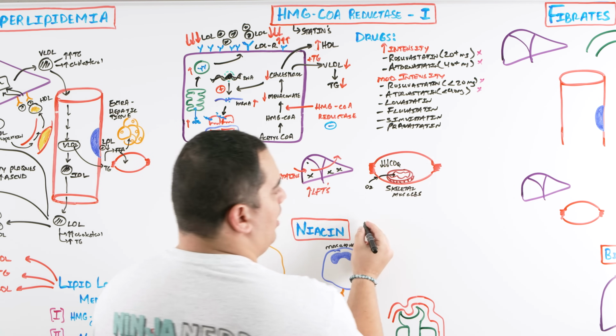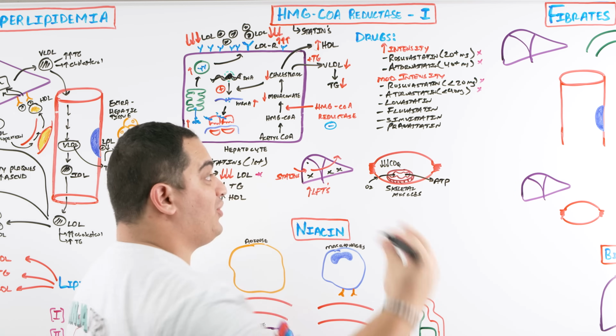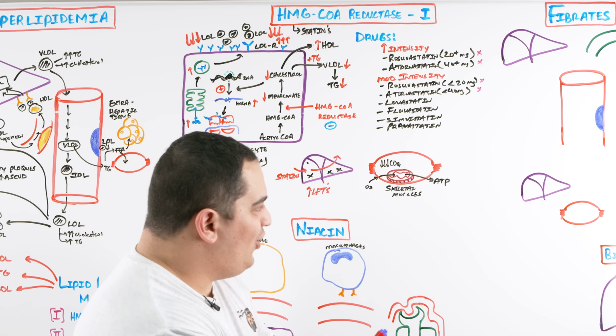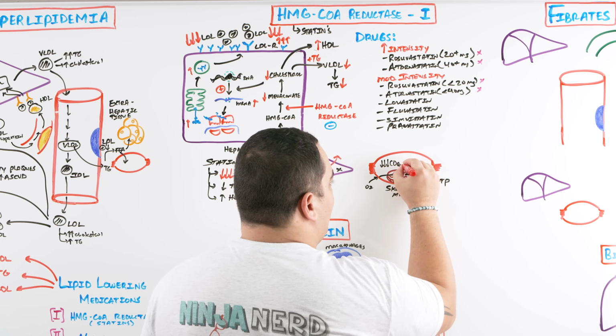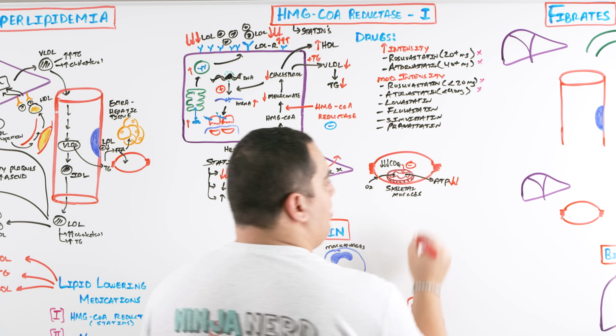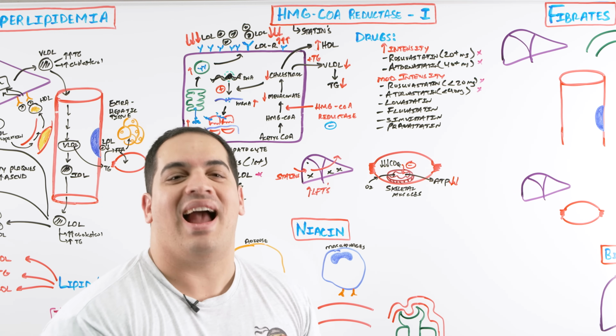And that oxygen will get taken up, utilized by the skeletal muscles, and then pump out ATP to allow for muscle contraction. We know these things. But if you have less coenzyme Q, you're not going to have as much activity by the electron transport chain. And so this will end up inhibiting this process. And so you'll have less ATP to allow the muscles to contract and to perform regular functions. And this can lead to myopathy.